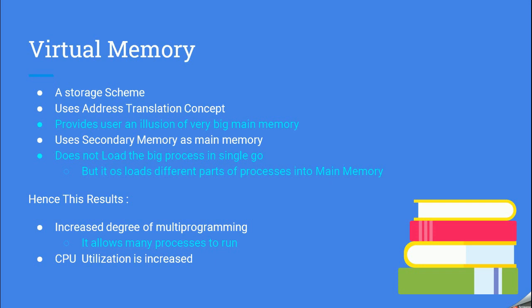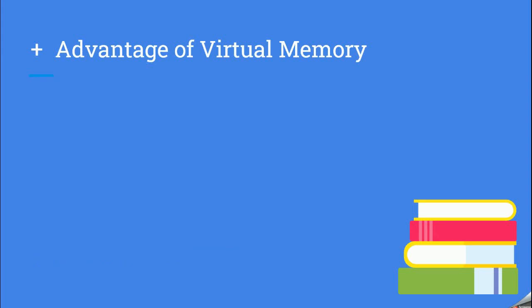You can run bigger processes when you have a small RAM, and it increases the degree of multi-programming. That means many processes can run concurrently. But the problem is CPU utilization increases because you have to swap in and swap out the pages or segments.